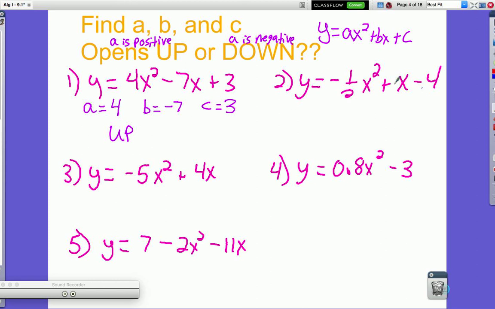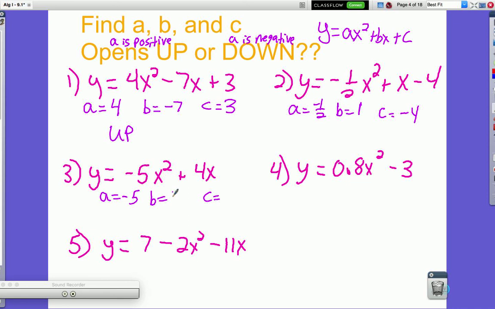Second one, in standard form, so we go A equals, B equals, C equals. A is in front of x squared, negative 1/2. B is 1x, and C is negative 4. Next one, there's only two terms, but still it's in standard form, so we still go A equals, B equals, C equals. A in front of x squared, negative 5.